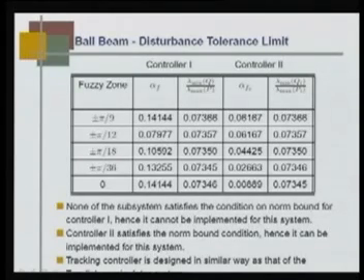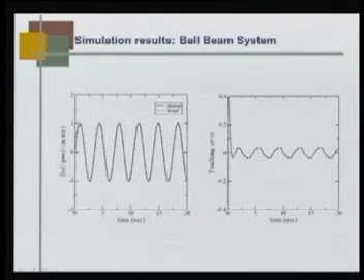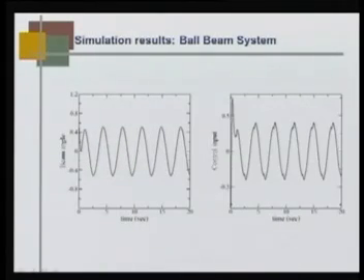So, I am trying to show you another system for which controller 1 cannot be implemented, but controller 2 can be implemented, since it satisfies the norm bound condition. For the ball position, the desired and actual show very perfect tracking, and this is the tracking error. Similarly, the beam angle, and the controller input.